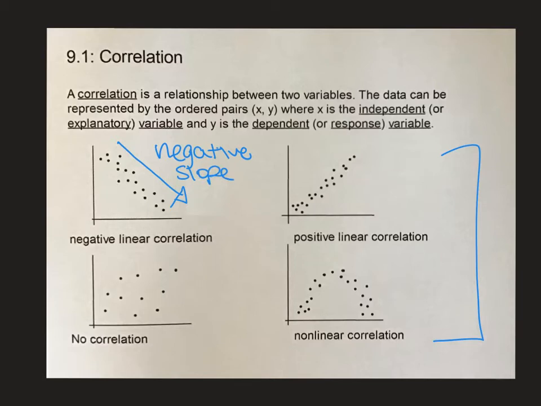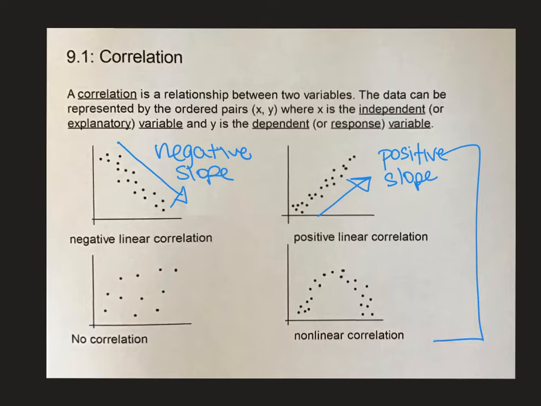We also have a positive linear correlation, which goes up to the right, so it essentially is going to have a positive slope. No correlation is when it doesn't have any sort of pattern to it. So like if we look at all of these points here, they're not going up to the right or down to the right, they're just kind of scattered.